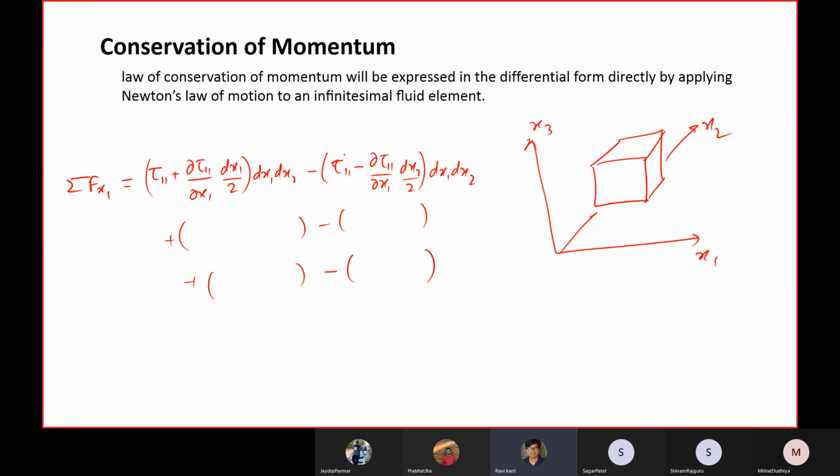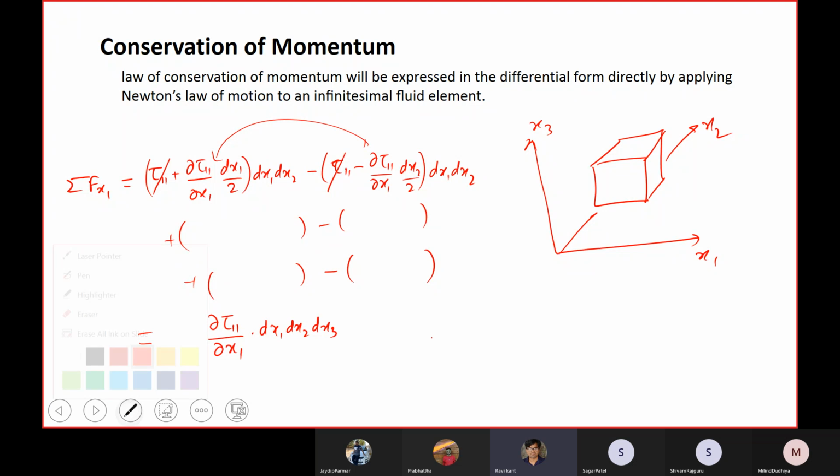You'll see that this tau 11 and this tau 11 cancel out. Similarly in other terms, every such term cancels. These two terms will be clubbed, since minus minus plus, and this is dx1 by 2, so it will be 2 times dx1 by 2. So we are left with ∂tau 11/∂x1 times dx1 dx2 dx3.